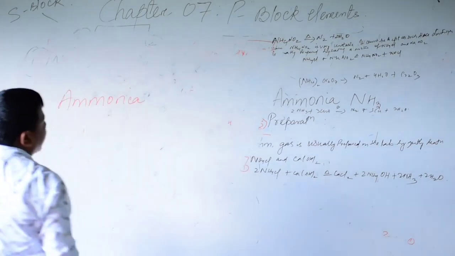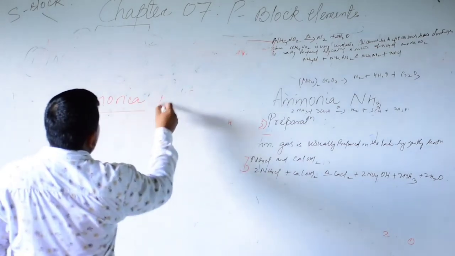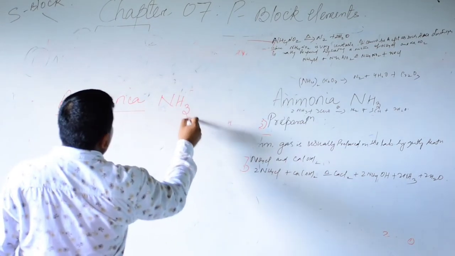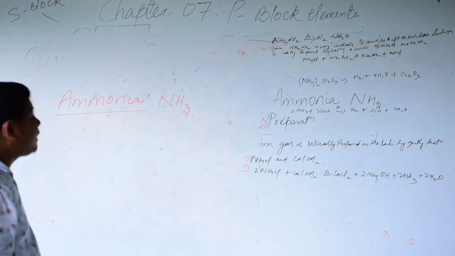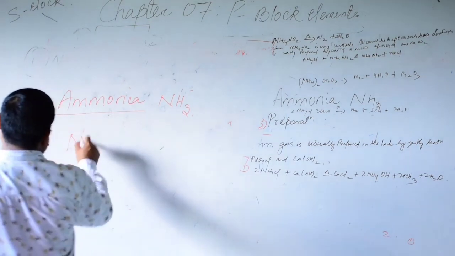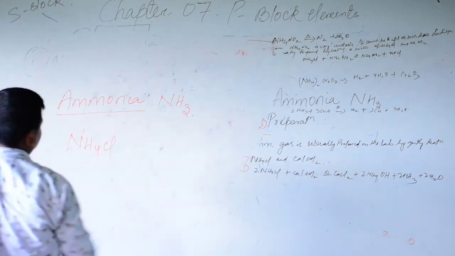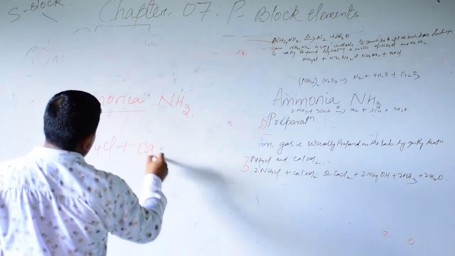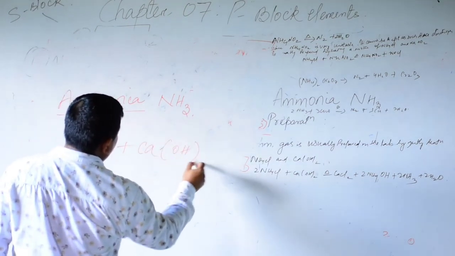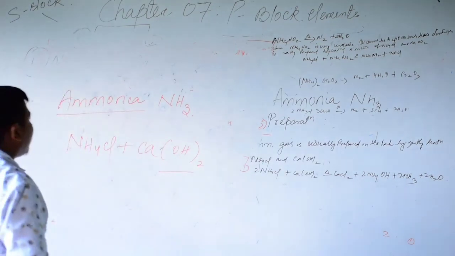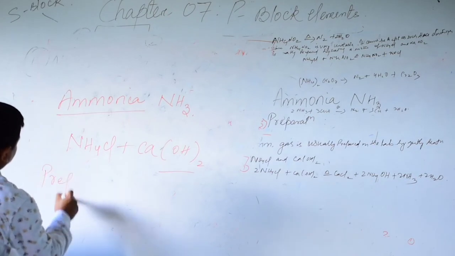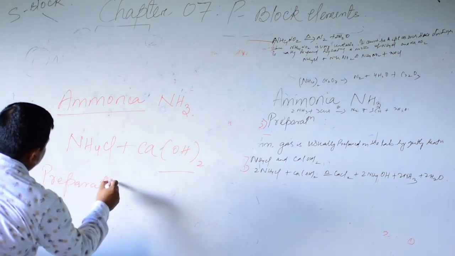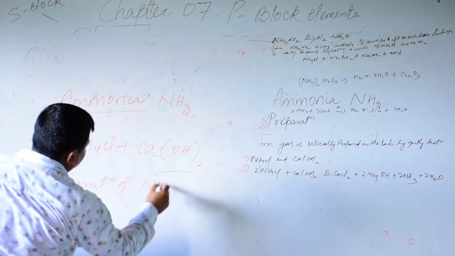As we know, the formula of ammonia is NH3. Ammonia gas is usually prepared in the laboratory by gently heating ammonium chloride, NH4Cl, plus calcium hydroxide, Ca(OH)2, which generally we know as caustic soda. Now I would like to write the preparation of ammonia, NH3.